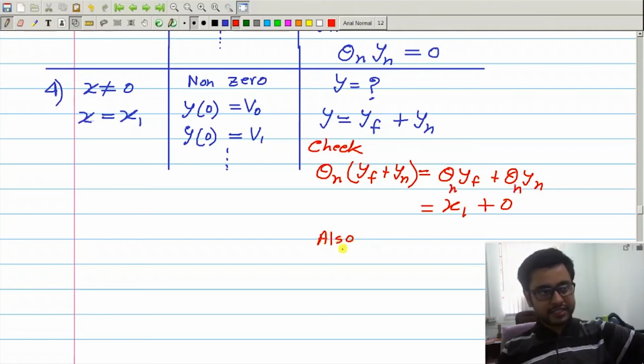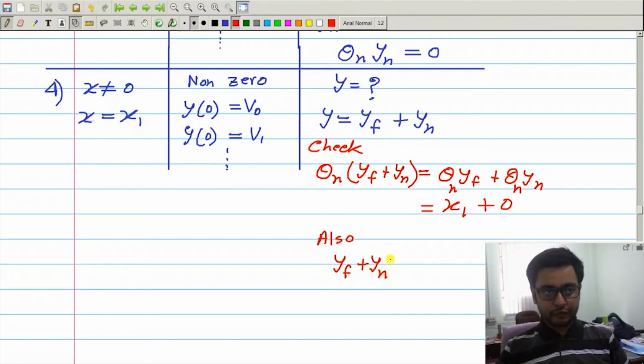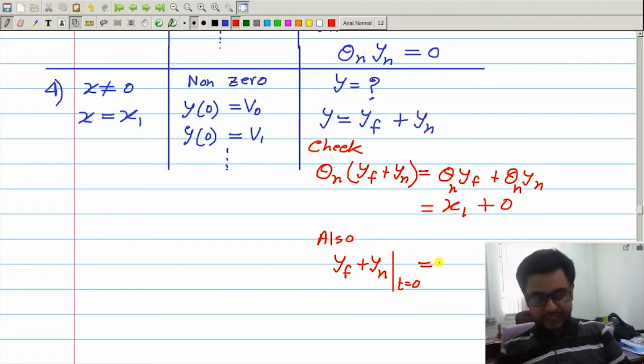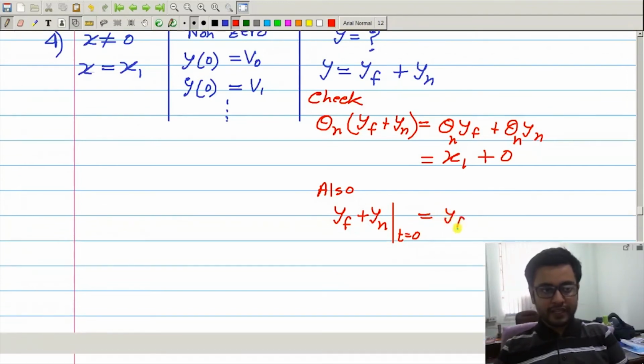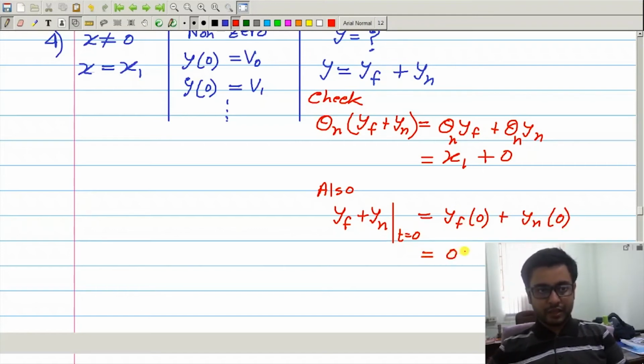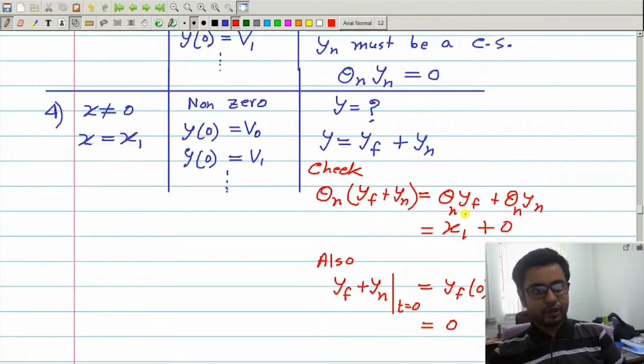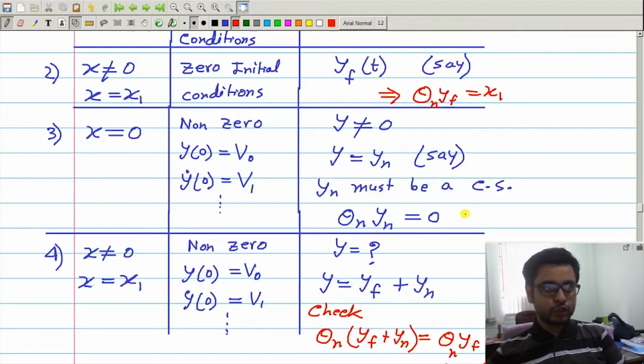Also, let's check the initial conditions. So if we find the value of y_f plus y_n at t equal to 0, that will be same as y_f(0) plus y_n(0), and now y_f(0) should be equal to 0 because y_f was the output here for 0 initial conditions.